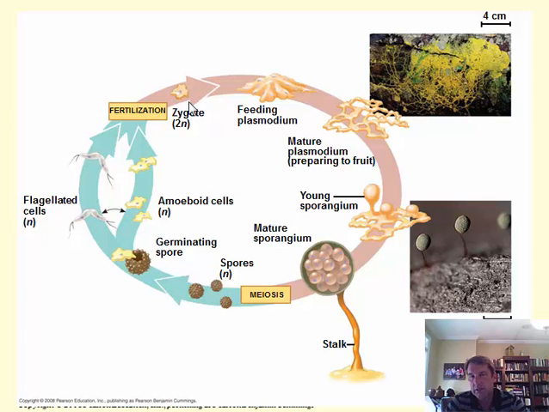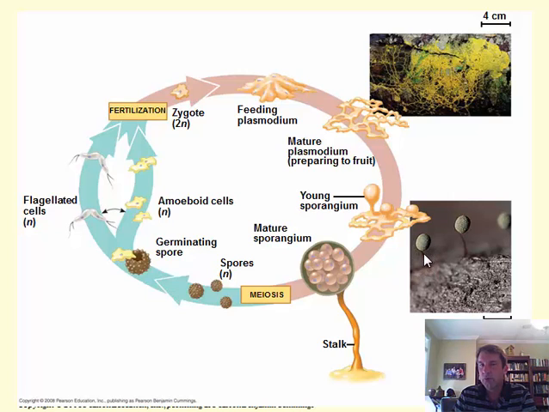And then as it matures, it starts dividing from one cell into two, two into four, and so forth. And it'll develop into this mass of cells. And this mature mass is called the plasmodium. So it'll grow like this, and once it grows into a large mass, it can then grow these young structures that will, through meiosis, produce spores.